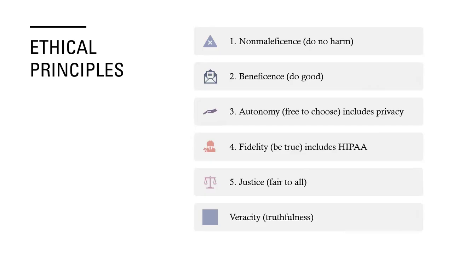The client is free to choose, free to refuse care. Okay. Fidelity, we want to be true, making sure that we follow through on the interventions and things that we've conveyed to our patients that we're going to do. Justice, treating everyone fairly. And then veracity, just being truthful.